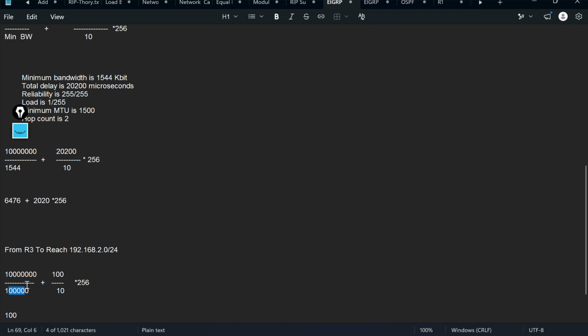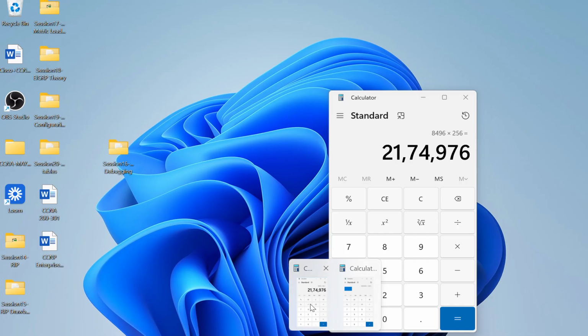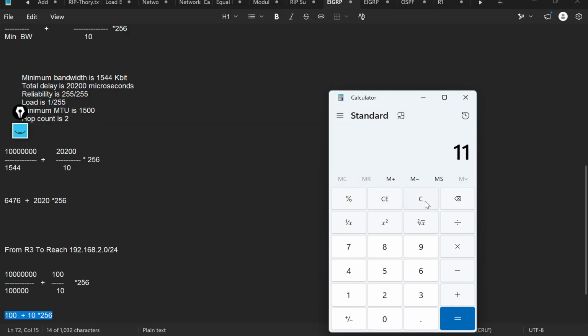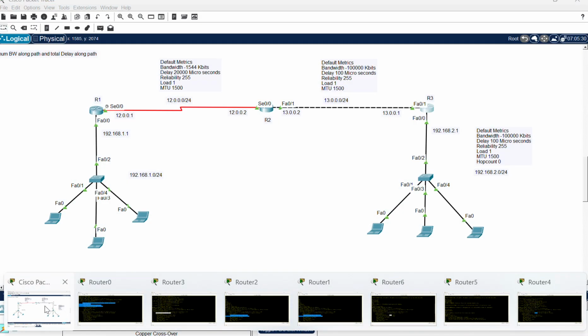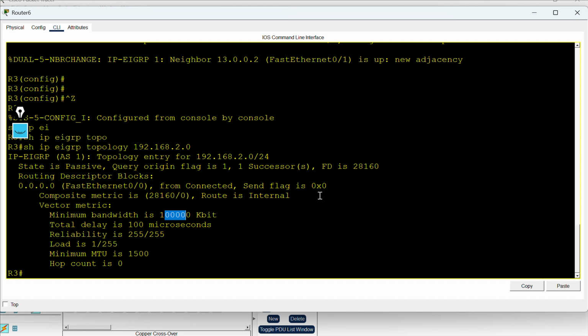So 100 plus 100 divided by 10, which is 10, so 110 multiplied by 256 is 28160. So from R3 to reach this network, the composite metric is 28160.